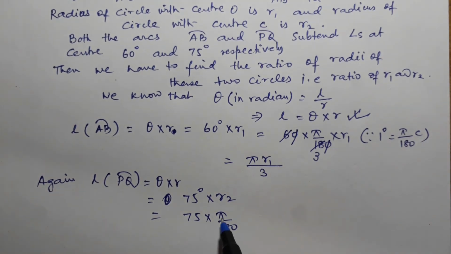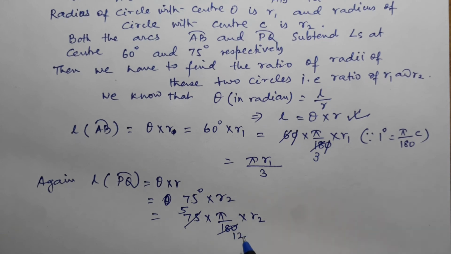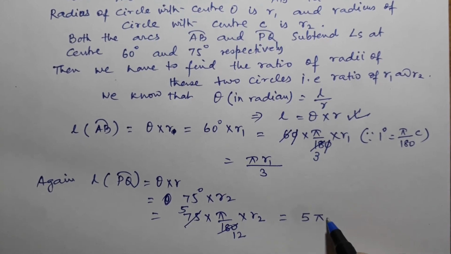So it has been multiplied by pi upon 180 into R2. This 75 and 180 have been cancelled by 15, so it will be 5 and 12. So it will be 5 pi R2 by 12.